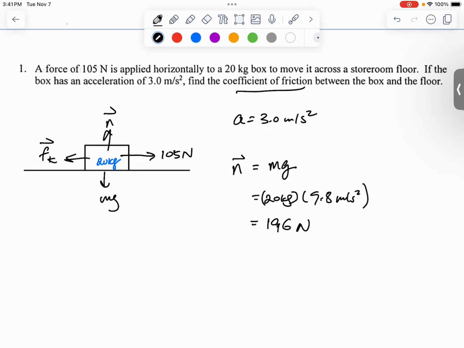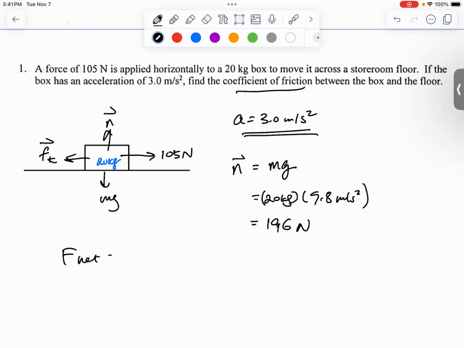Now there is another thing that we can also ask. If we know the acceleration and we know the mass, we can get the net force.